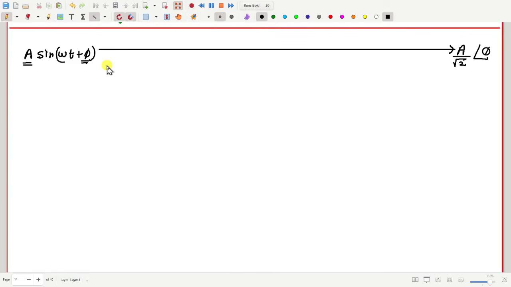However, we can also elaborate this a little more. What are we doing to get the functional form into a phasor form? First, we replace the sine function with exponential e to the power j something.